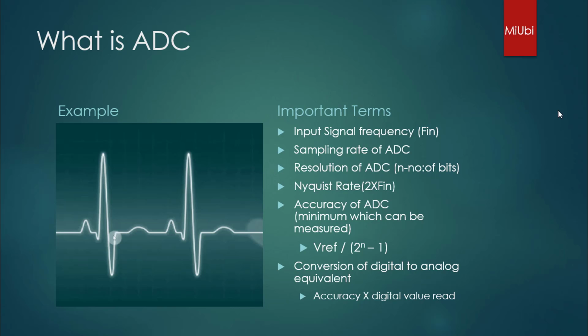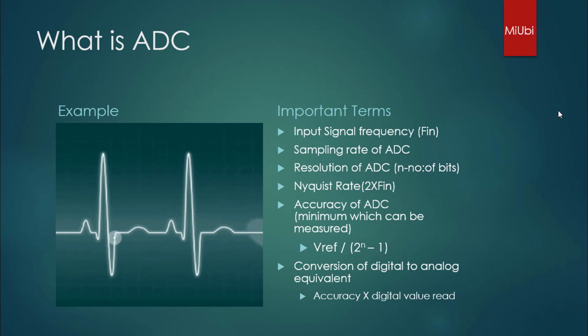If your input signal frequency is around 100 Hz and you sample at the same rate, as in the example shown, you will not be able to reconstruct it properly. For this we have to follow the Nyquist rate. The Nyquist rate says that the sampling rate should be 2 times your input signal frequency, with which you'll be able to reconstruct the analog signal back.